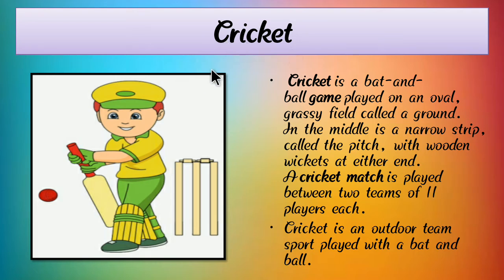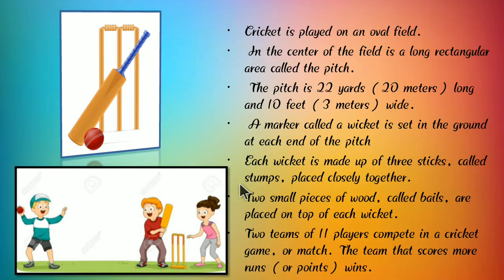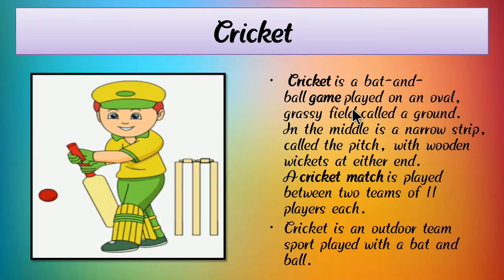Cricket. Here we can see a photograph of cricket. Cricket is a bat and ball game played on an oval grassy field called a ground. In cricket we use a bat and ball, and we play on the grassy ground.